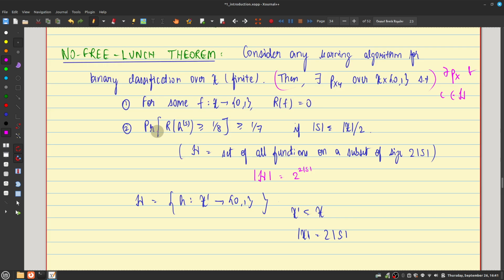There exists a distribution px for which the generalization error of any learning algorithm is large with constant probability. Is that okay? Any questions?